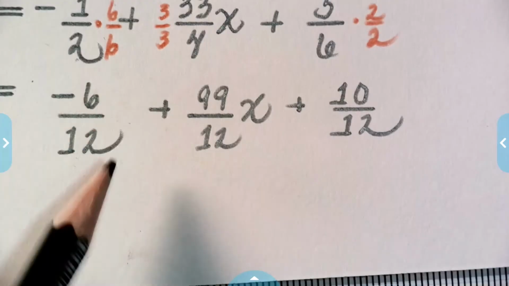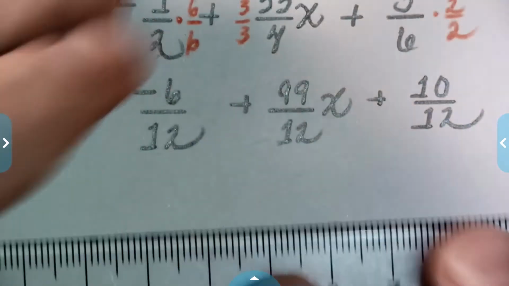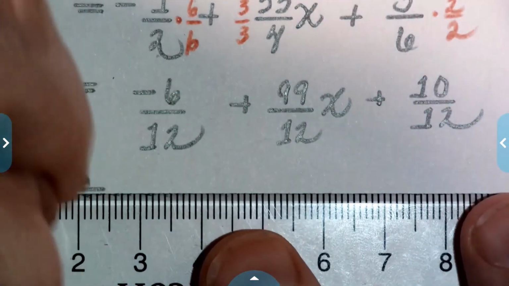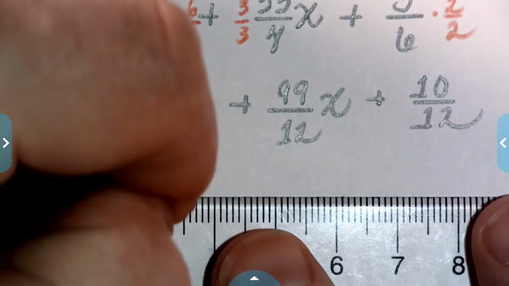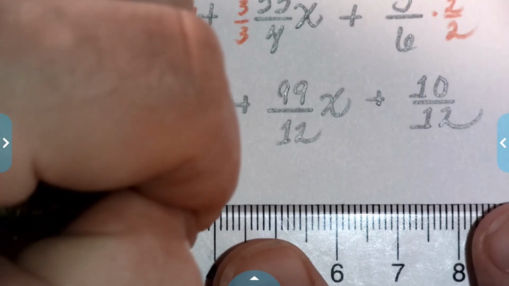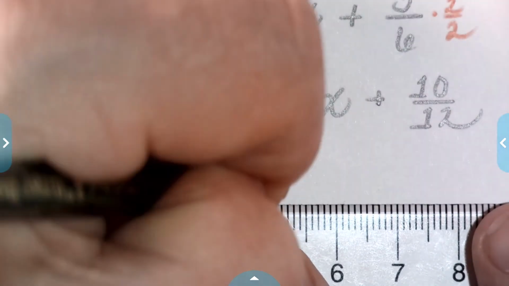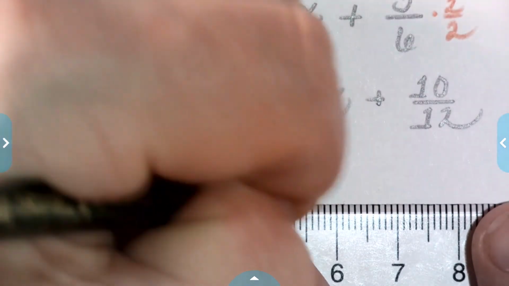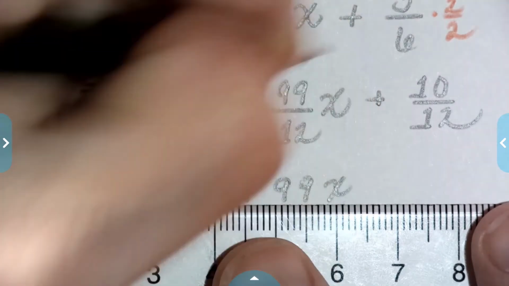Now, because I've got the common denominator, I can actually rewrite this as negative 6 plus 99x plus 10, all over 12.